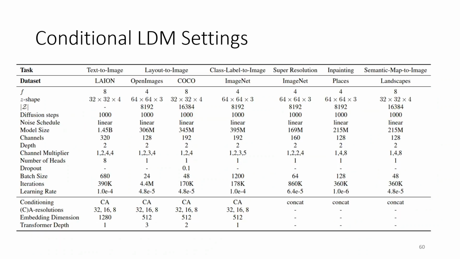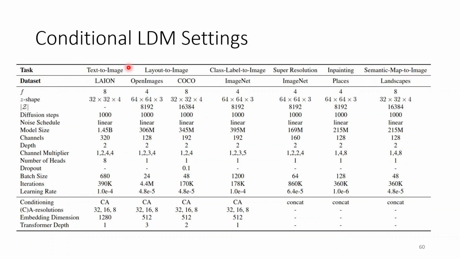Okay, so let's see the conditional setting. They can generate images from a semantic map, from an encoding for super resolution or class label, from a layout, and text to image. Semantic map to image, you know it already, right? Because it was used in VQGAN. The most interesting part for me is text to image, because in VQGAN there is no text to image.